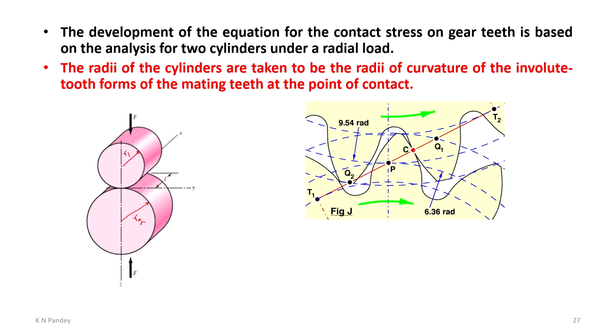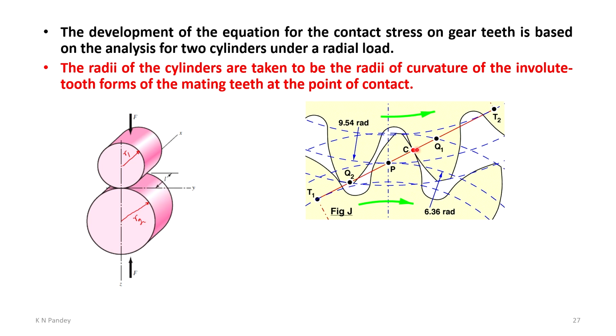Let this be the point of contact. Then at this point of contact the gear teeth have curvature, this one and this one.